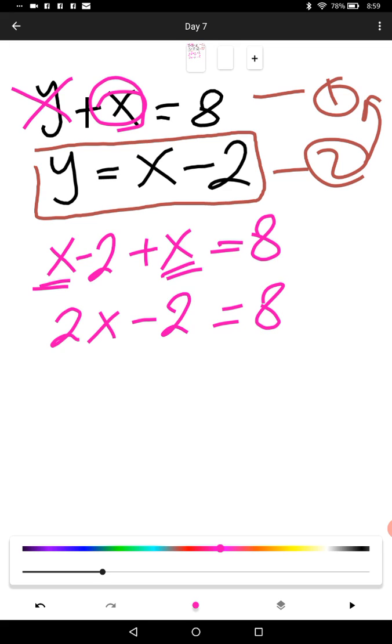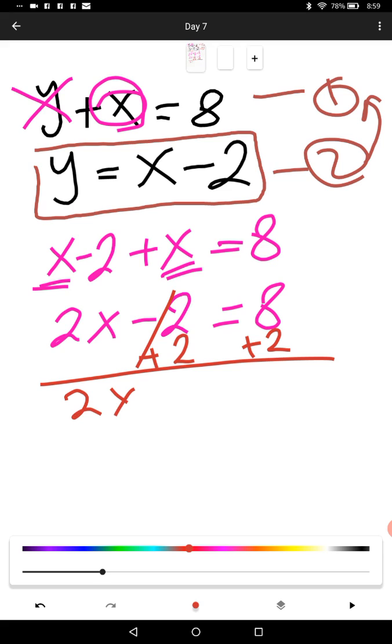We have an equation in one variable. We want to find the value of x. That means we need to keep x on one side and move all the other numbers to the other side. We have 2x. I know that all of you can do these steps.